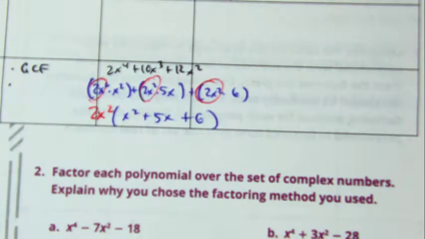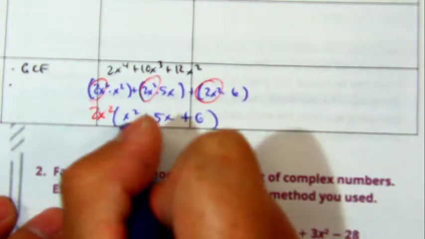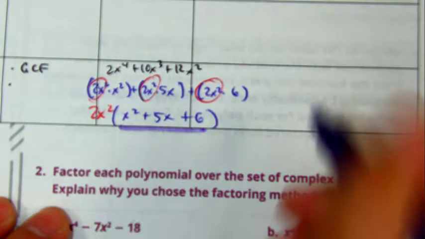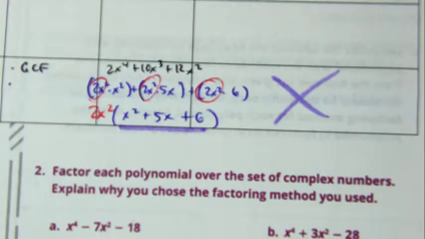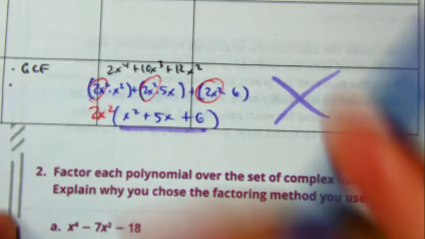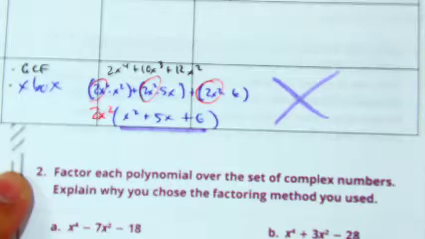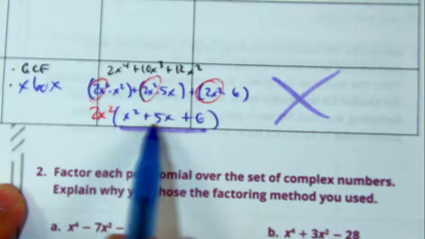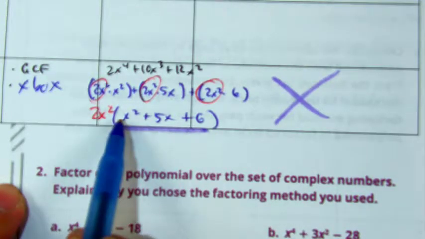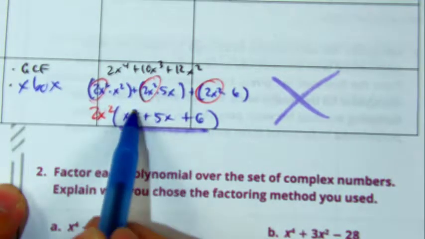Now, inside the parentheses, I can factor that. I can use my X box. So let's write that. X box. Why am I doing the X box? Because inside the parentheses, it's a trinomial, A, B, C, and then half of 2 is 1.